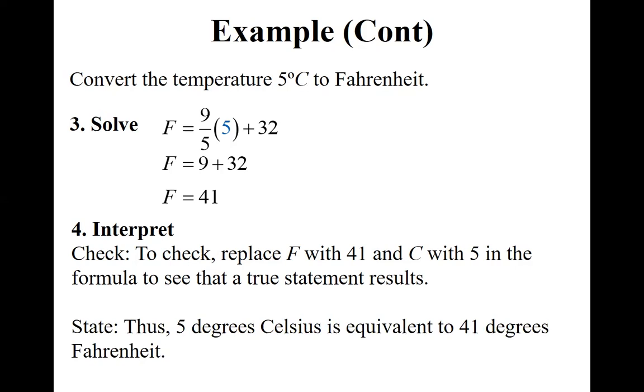Thus, 5 degrees Celsius is equivalent to 41 degrees Fahrenheit. Hopefully at this point, if you have confusion in that example, the only confusion is where did the 9/5 and the 32 come from? Or where did the formula come from? We just need to know that formula. F equals 9/5 C plus 32.